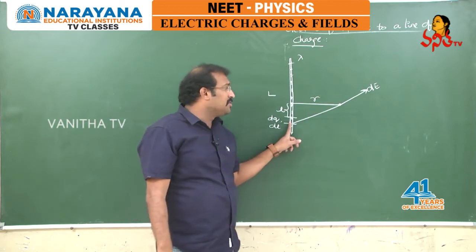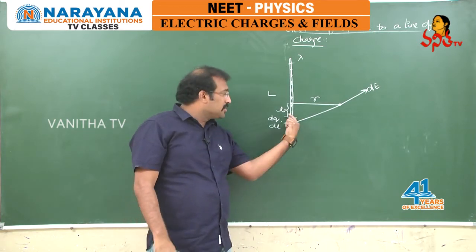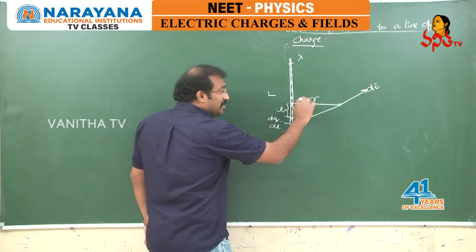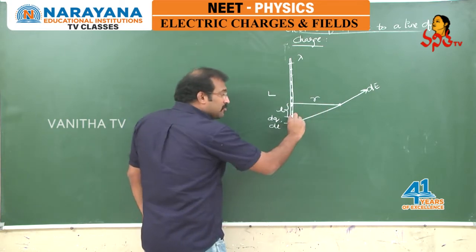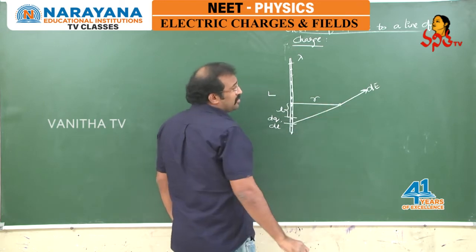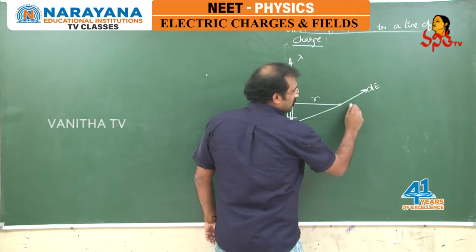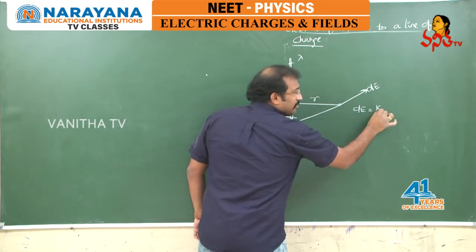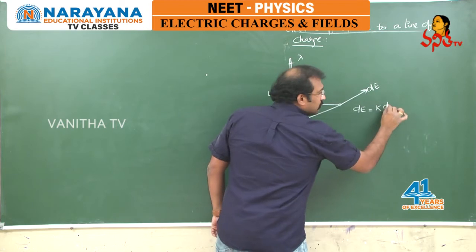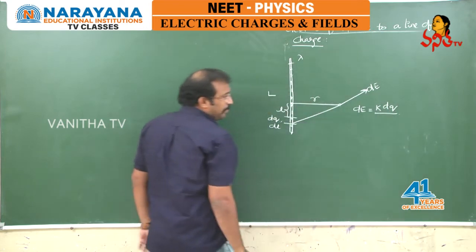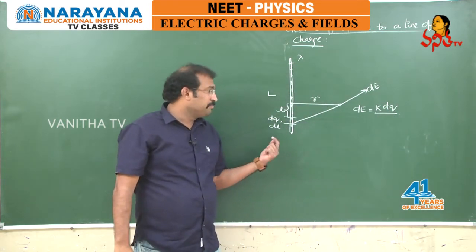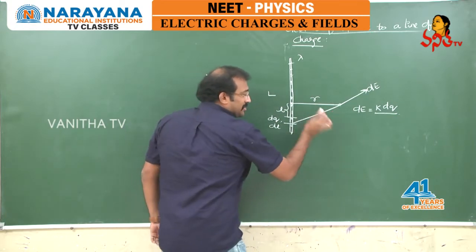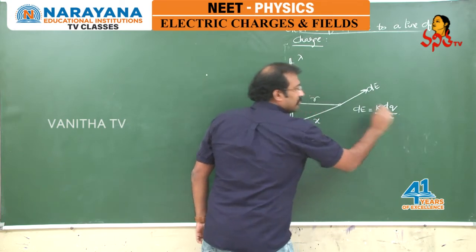Since this is positive charge, the electric field due to this small element is away from it. Now this is L and this is R. Due to this small element, electric field at this point can be written as dE is equal to K dq by this distance. I am assuming this distance as x, so x square.